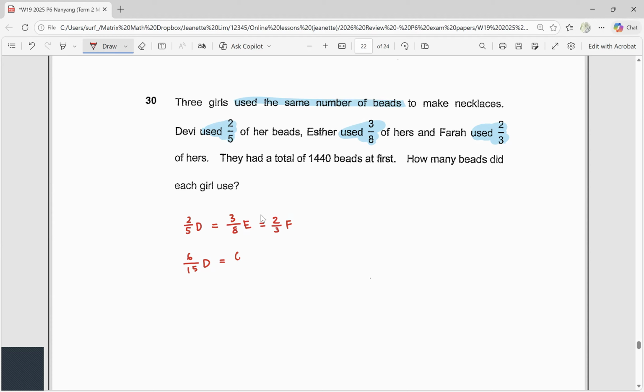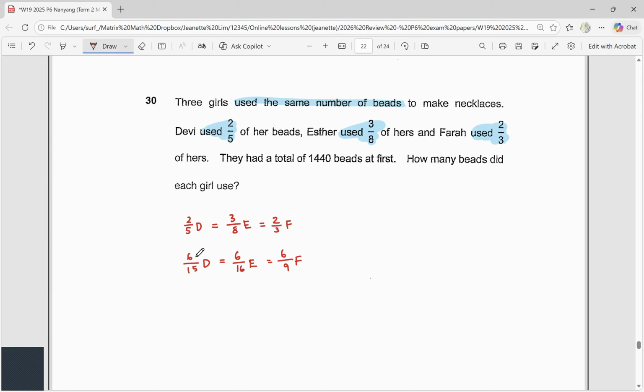Second one, to change to 6, I have to multiply by 2. Last one, to change to 6, multiply by 3. So what I have now is 6 units of Debbie equals 6 units of Esther, which equals 6 units of Farah.